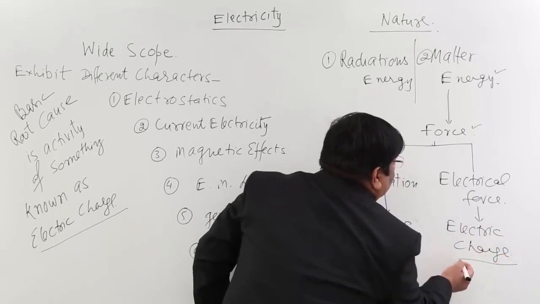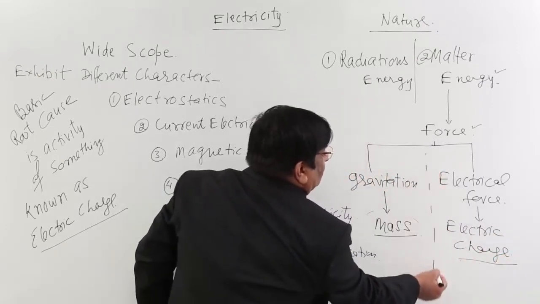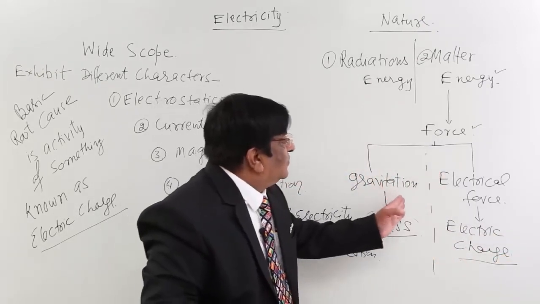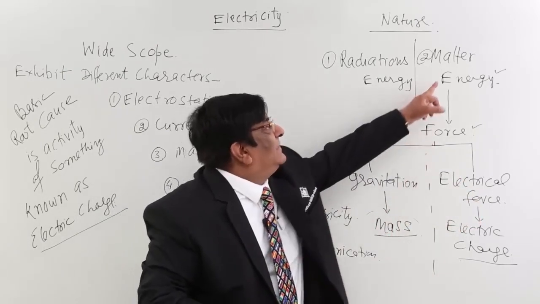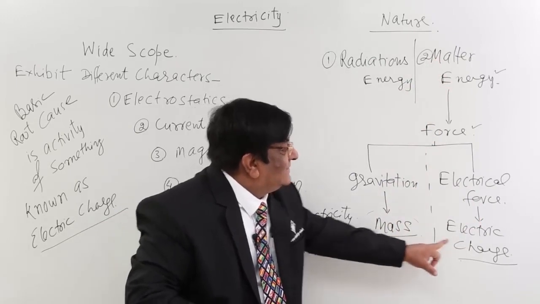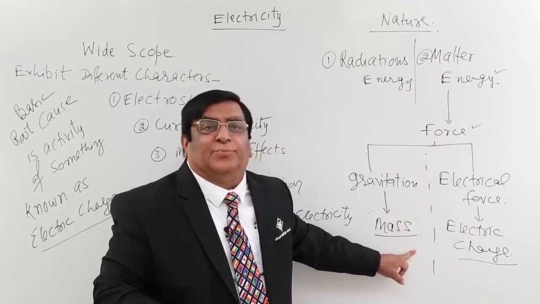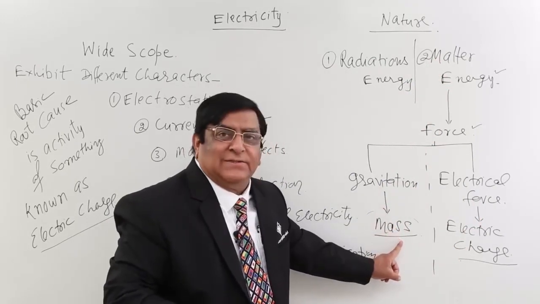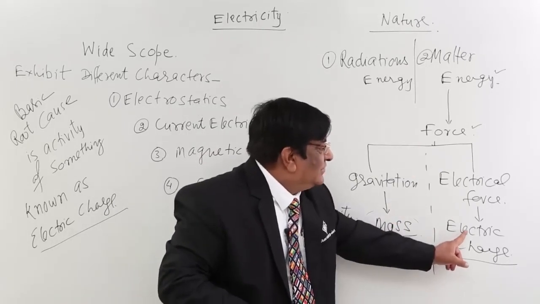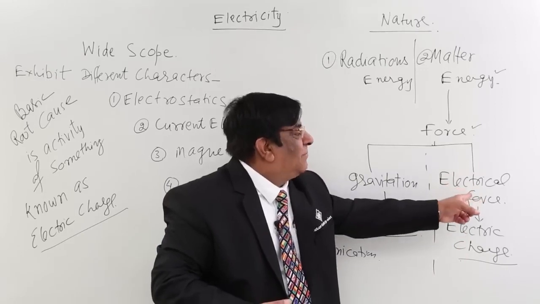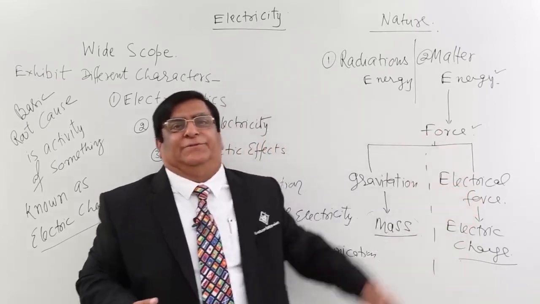So there was no alternative, we have to create another force, we have to find out another property of the matter. That matter has got two properties, one is mass, due to which it applies the force of gravitation. Another property is electric charge, due to which it applies the electrical force.